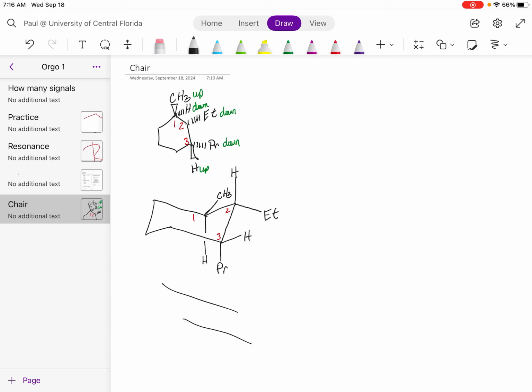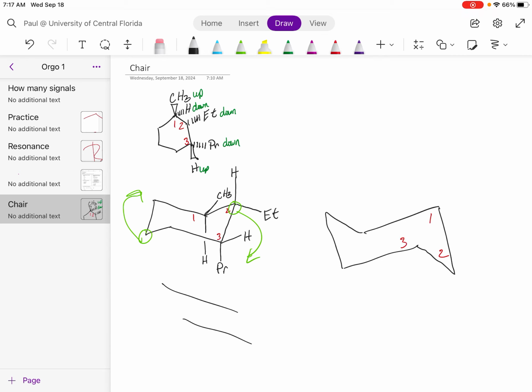So when we do the chair flip, we just have to draw the lines in the opposite direction. And then connect it via the triangle like that. Now in a ring flip, this carbon goes up, that carbon goes down. So that is going to be carbon 2, that's going to be carbon 3, that's carbon 1 now.